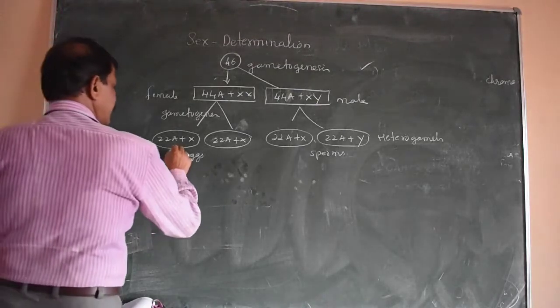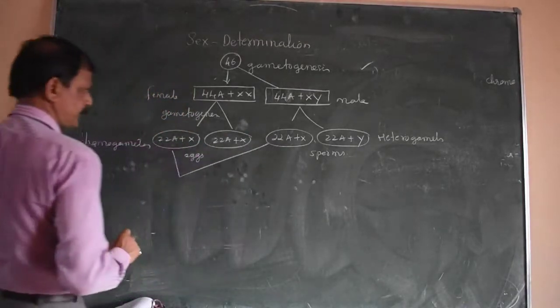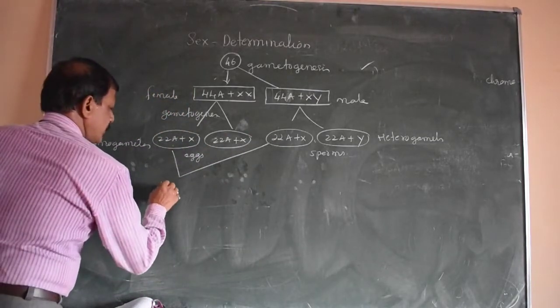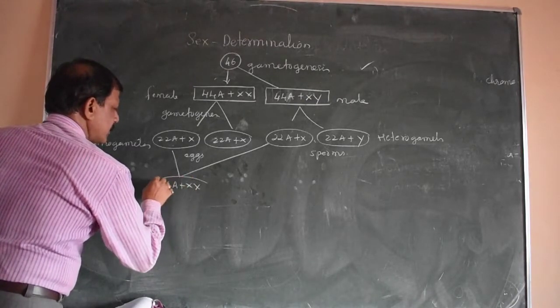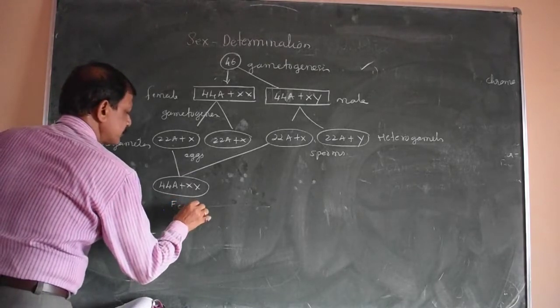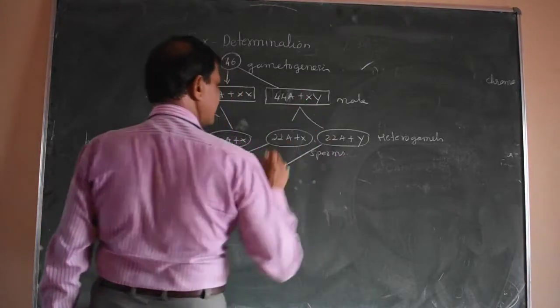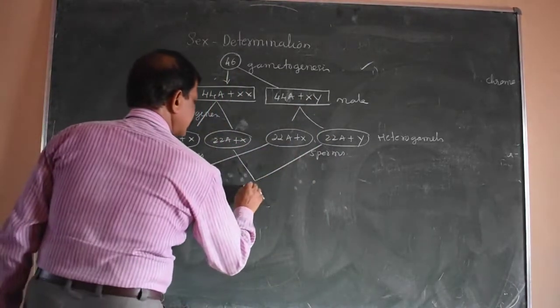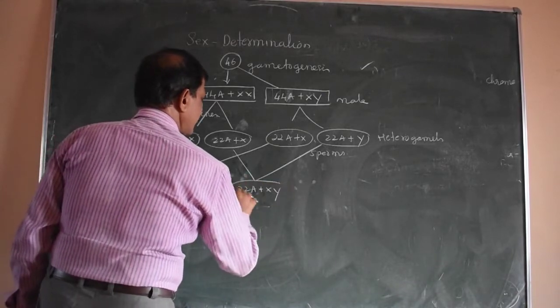If this ovum is fused with this sperm, 44A plus X, the diploid number is maintained, so it is a female. If this one is combined with this sperm, then it is 44A plus XY, so it is male.